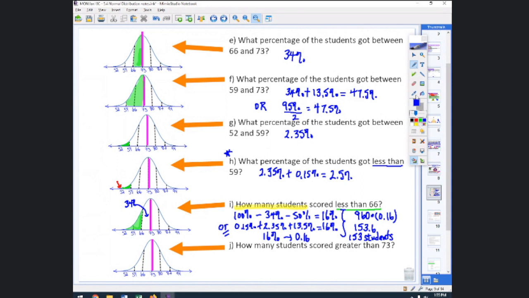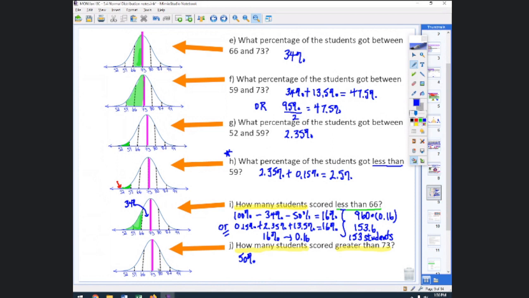Okay, this one says greater than 73, and I want how many students? Well, what percentage is greater than 73 here? What are all these percentages added up to the right? 50. Isn't it 50%? This is a symmetrical curve.